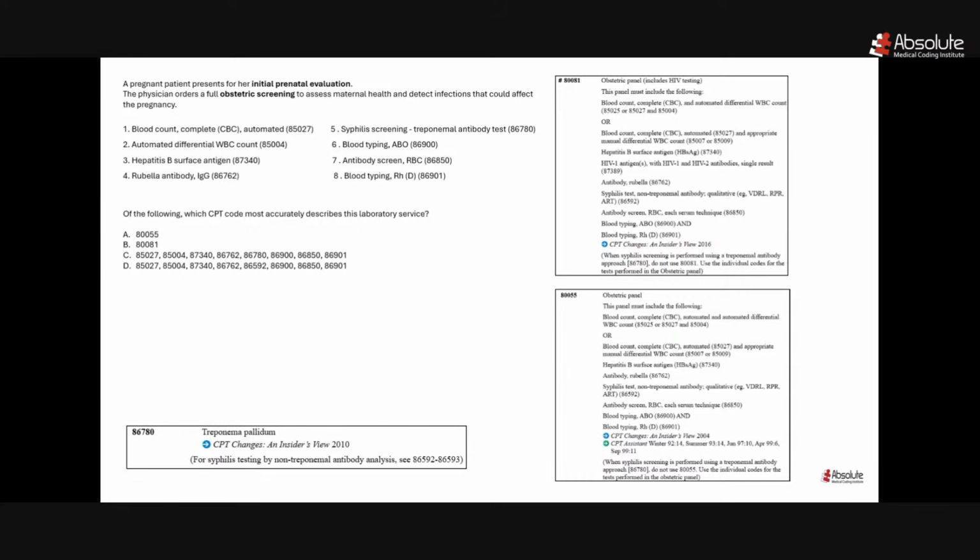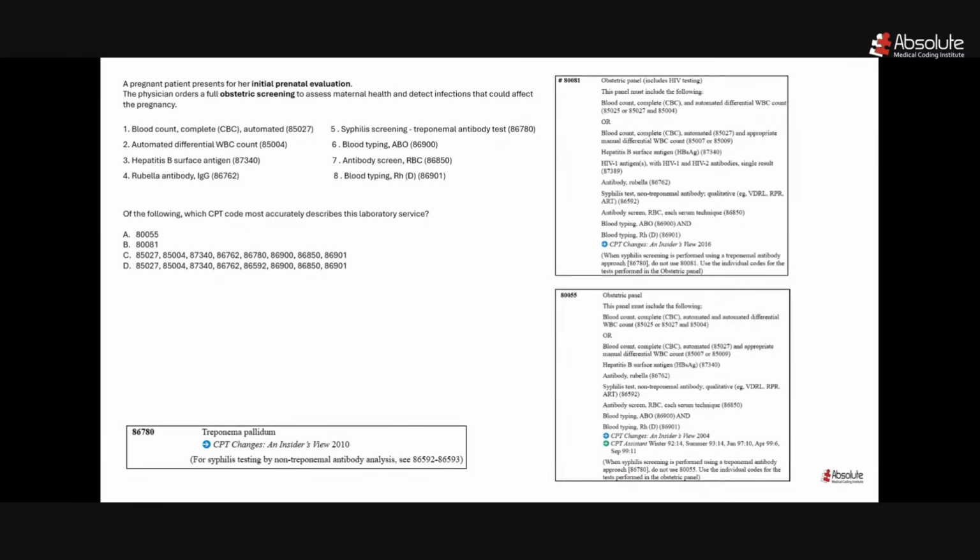Okay, so there are four options. Option A and option B are 80055 and 80081. These two are obstetric panel codes. Let's first look at option B, that is 80081.